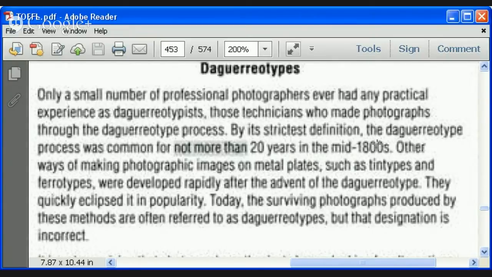By its strictest definition, the daguerreotype process was common for not more than 20 years in the mid-1800s. Other ways of making photographic images on metal plates, such as tintypes and ferrotypes, were developed rapidly after the advent of the daguerreotype. They quickly eclipsed it in popularity. Today, the surviving photographs produced by these methods are often referred to as daguerreotypes, but that designation is incorrect.